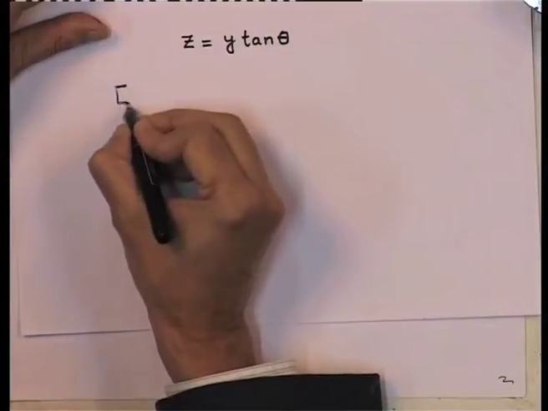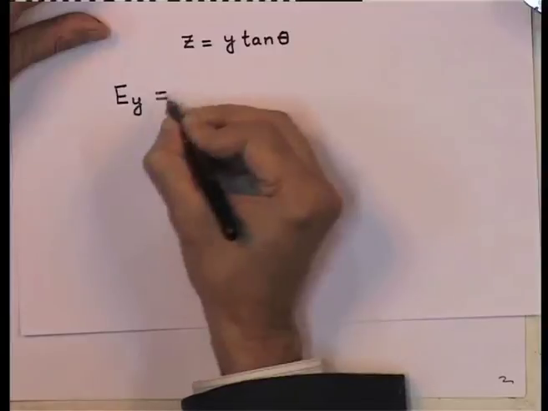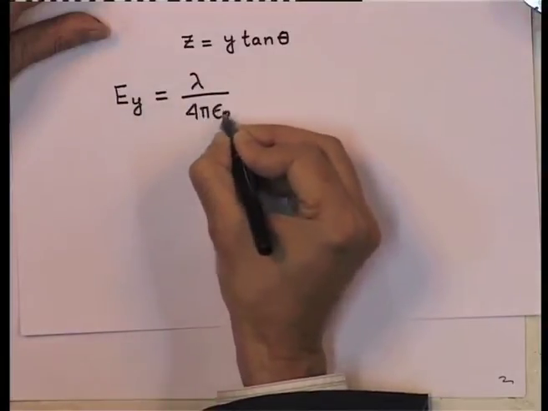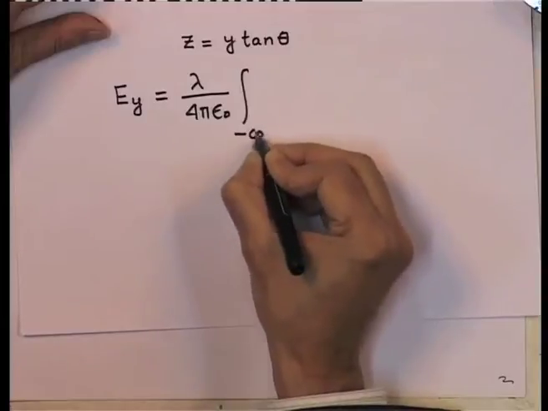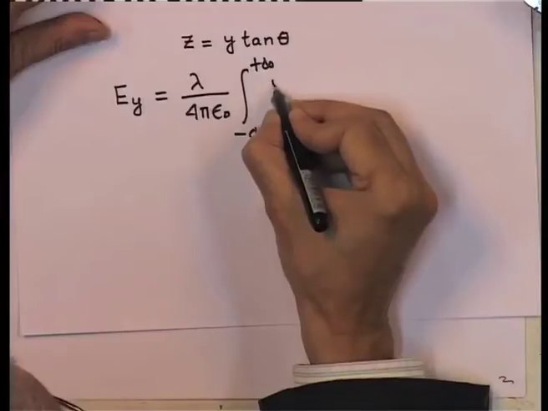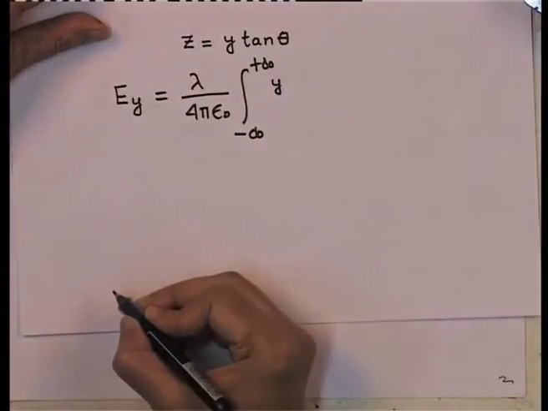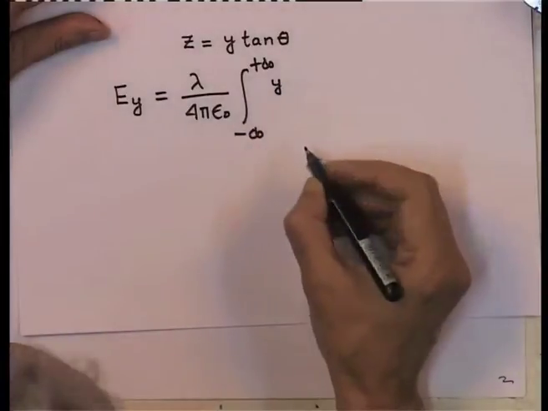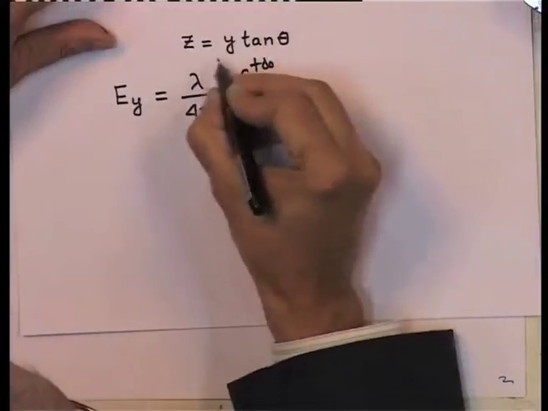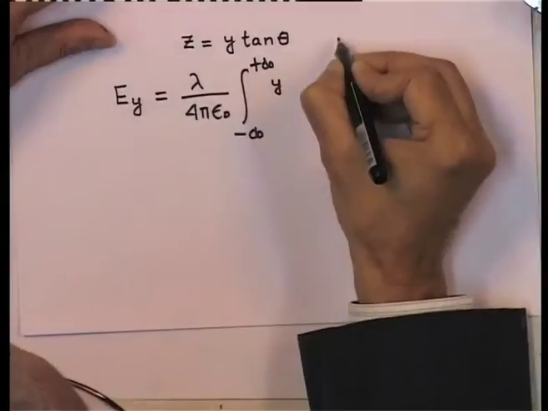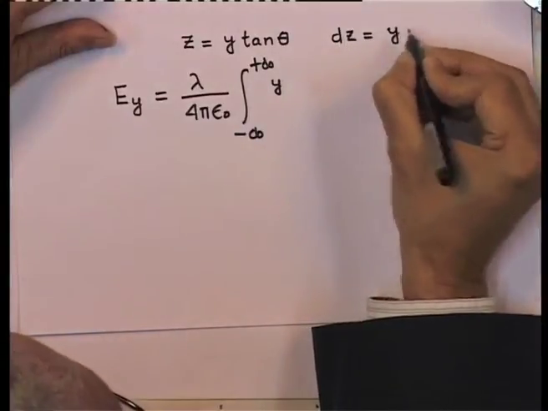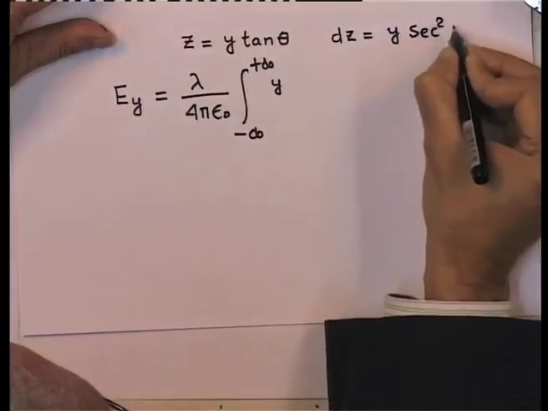So, E y is equal to lambda by 4 pi epsilon 0 times the integral from minus infinity to plus infinity of y dz over (z square plus y square) to the power 3 by 2. Here y is of course a fixed coordinate, so I can't change it. If z is equal to y tan theta, dz becomes y sec square theta d theta.